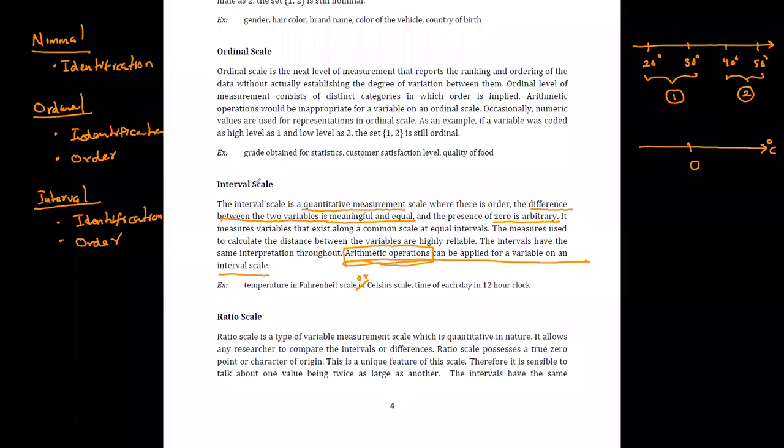It is because it has an order, and it has the same interpretation throughout the considered interval, as well as there is no true 0 point. It means zero is arbitrary. If you are considering 0 degrees Celsius, it does not imply that there is no temperature. There is somewhat a temperature. It is measured as zero.